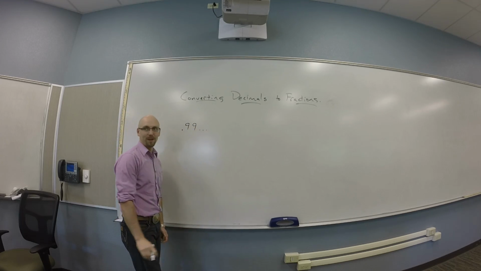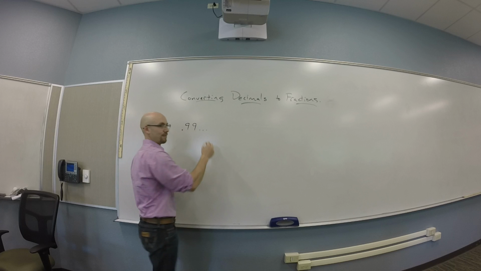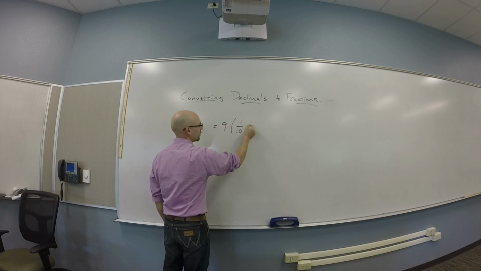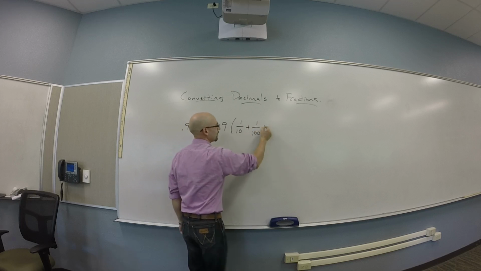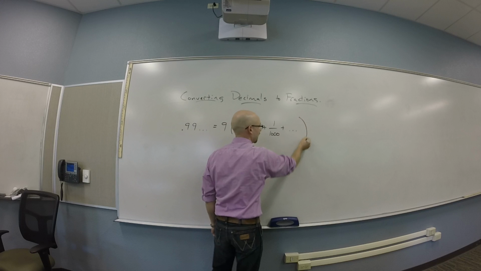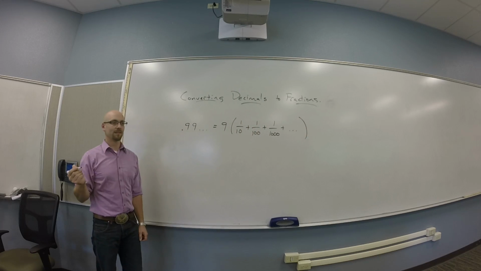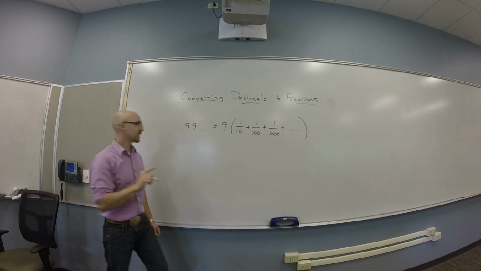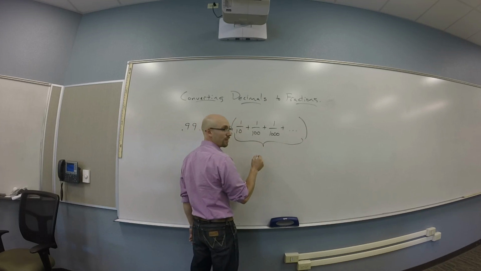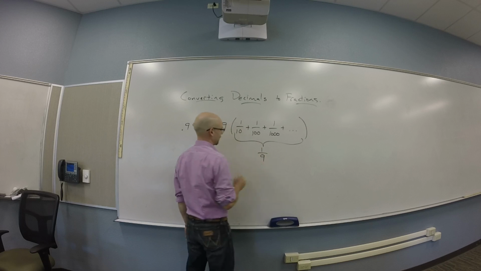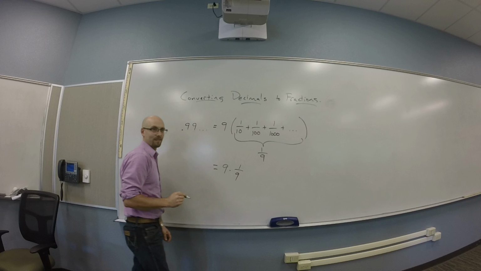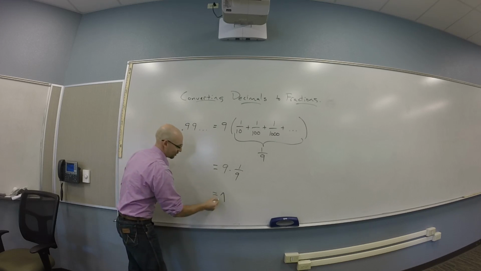So we have 0.9 repeating, which is 9 times (1/10 + 1/100 + 1/1,000 and so forth), right? And we just said that this chunk converges to 1/9. So you get 9 times 1/9, which is 1.